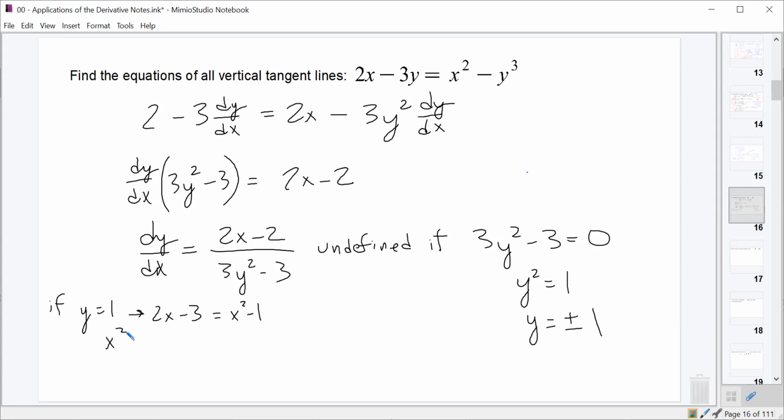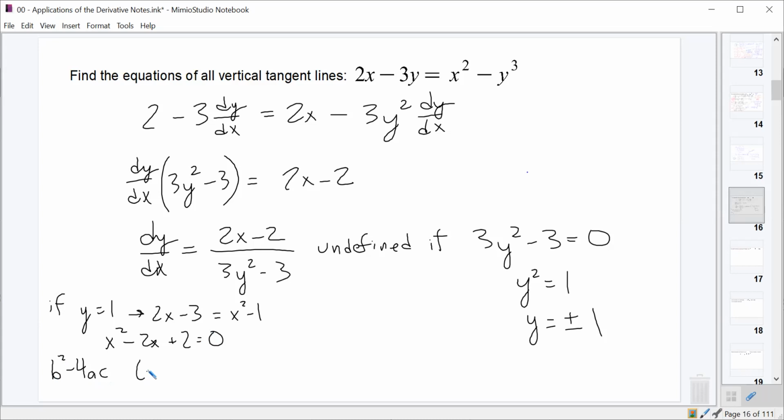X squared minus 2x, and then we'll add the 3 over, plus 2 equals 0. And that does not factor nicely. And if you make an attempt to use the quadratic formula or complete the square, you'll see that there are no real solutions to this. You can always tell by looking at the discriminant. Remember, the discriminant is b squared minus 4ac.